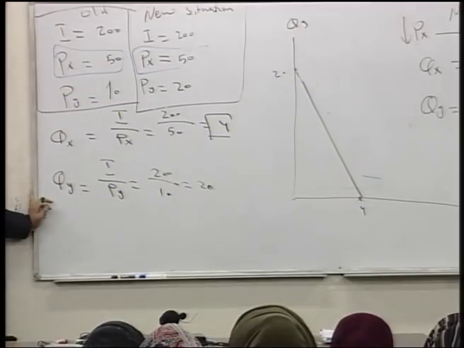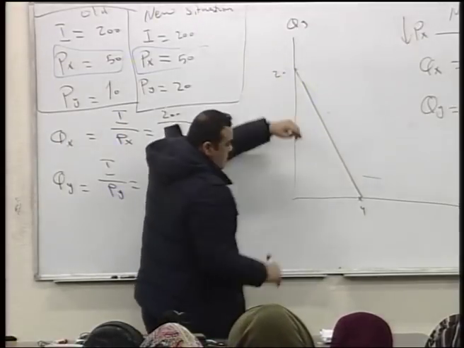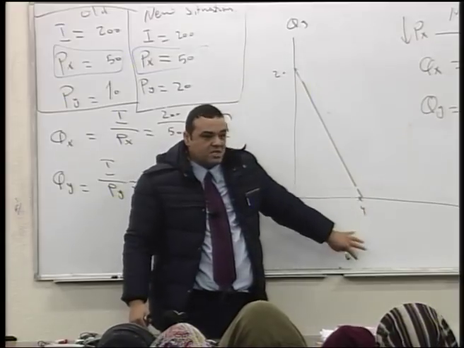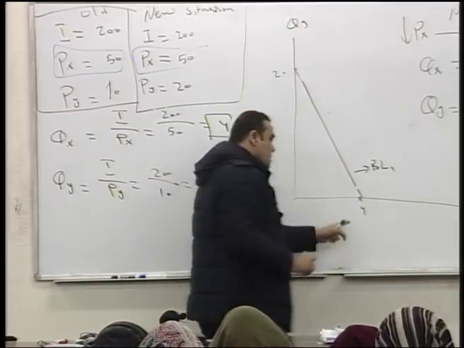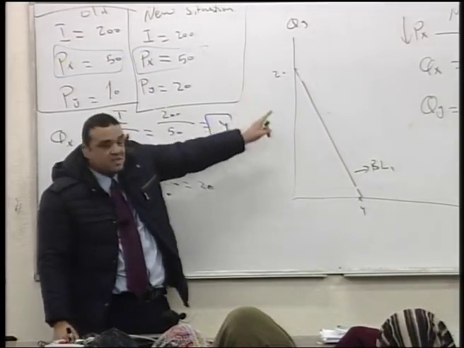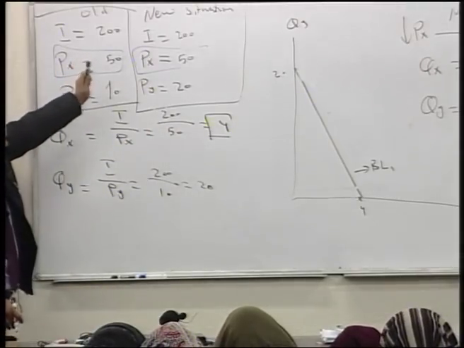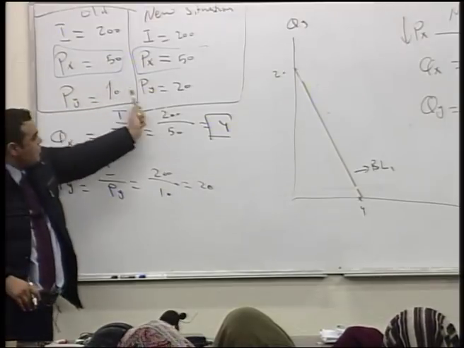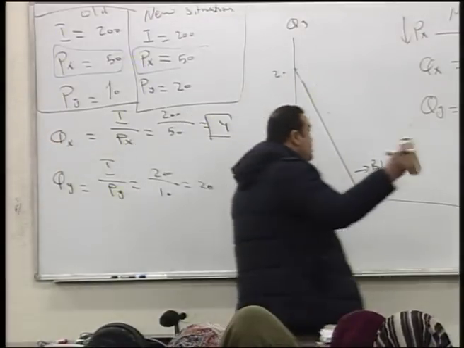We have a new situation. This is the original situation, budget line 1. The quantity consumed of X equals 4, the quantity consumed of Y equals 20. Now we have a new situation: the price of X unchanged, and the price of Y increased to 20.